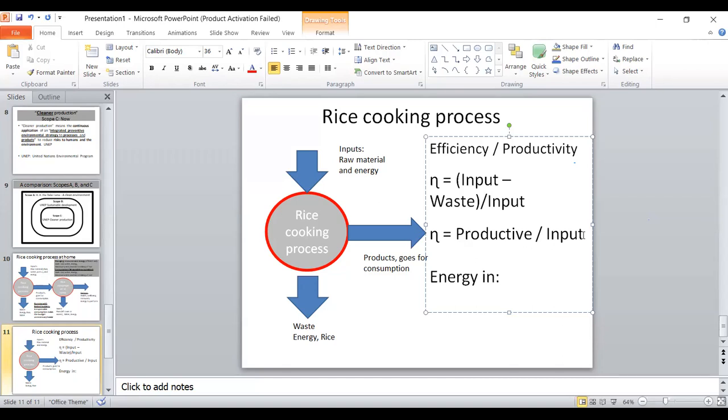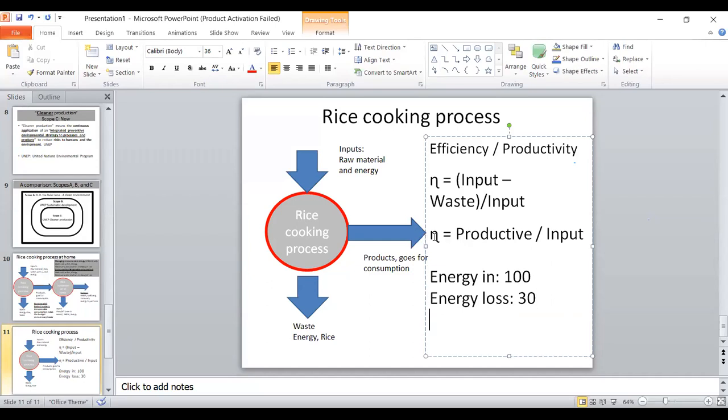Using, I'm not putting any unit, let's say 100, energy loss 30.